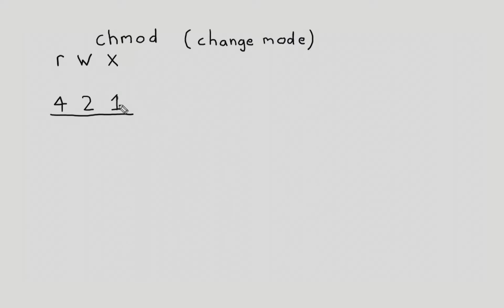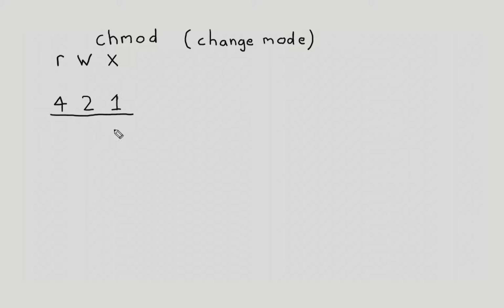So we start with 1, then we go to 2, and then we go to 4. And so the way that we represent these read, write, execute permissions for the user, the group, and other is using octal.